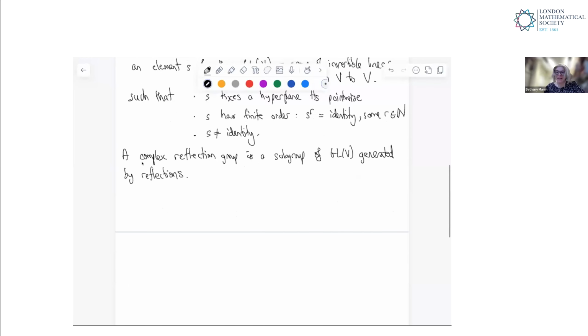And if we have a reflection group, we can regard it as a complex reflection group by complexifying it, as Francesca mentioned. If you think about it in terms of matrices, you just take the same matrices, but regard them as complex matrices. That's basically what's happening.